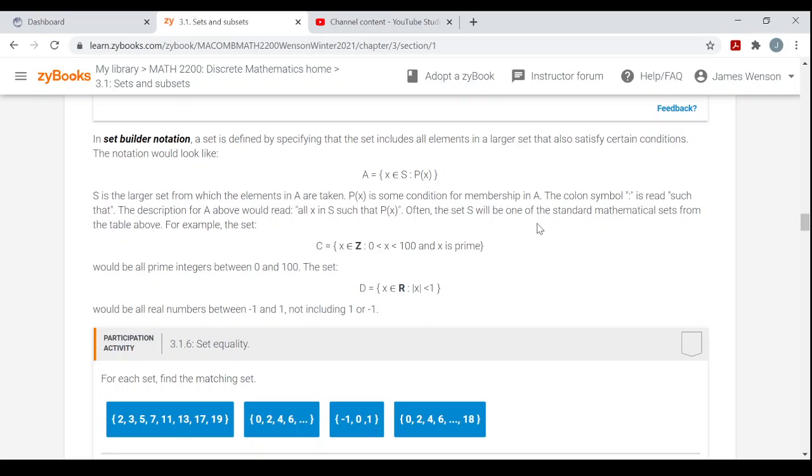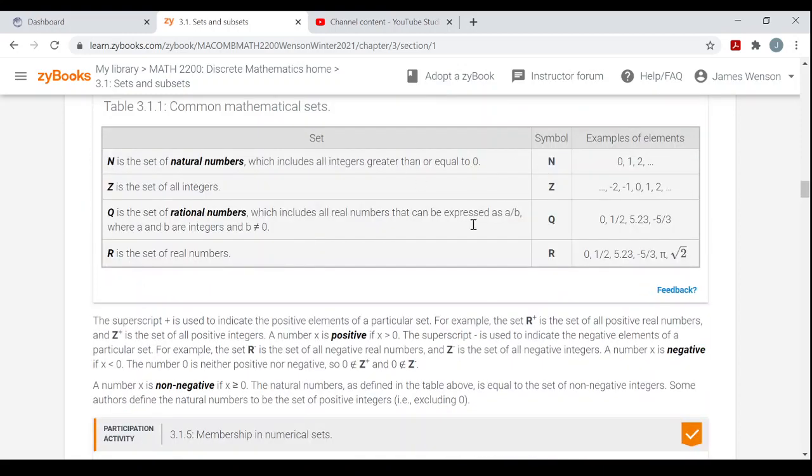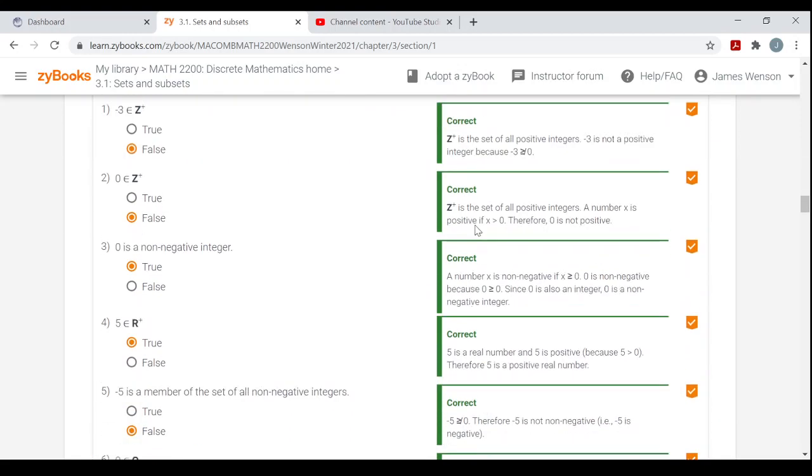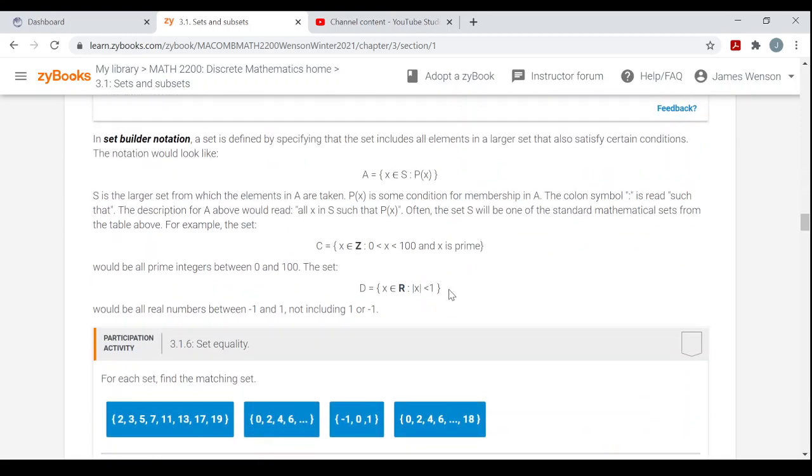Often the set S will be one of the standard mathematical sets from the table above, from this table here. Okay. So for example, this set here, C equals all the integers such that they're between 0 and 100 and prime.